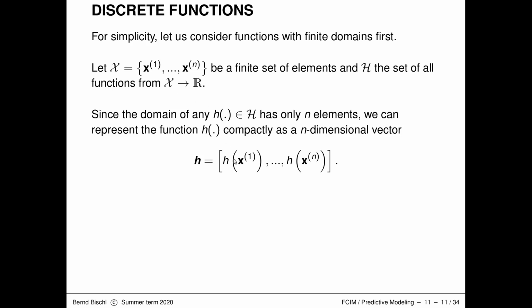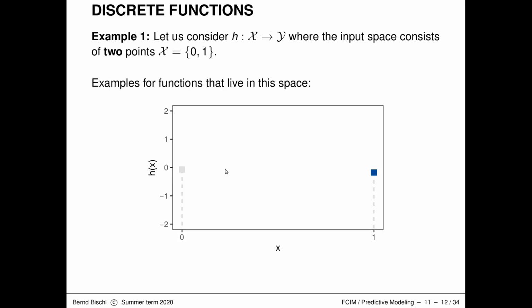The only thing of interest to specify my function, if the input domain is fixed, is what the outcomes of my function h look like. So I put them all into this nice little vector, and I can work with this vector as a representation of my function.